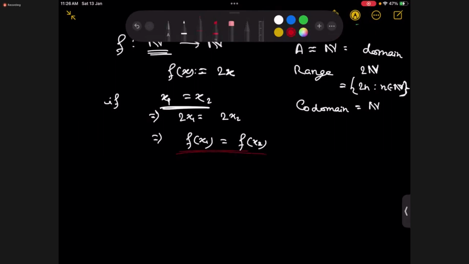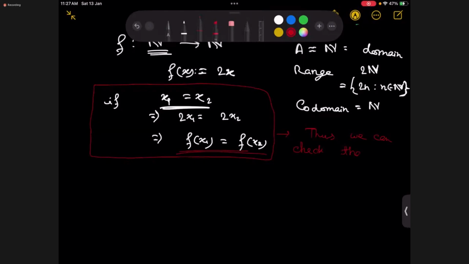This is called a well-defined function. Thus we can check whether a function is well-defined or not.